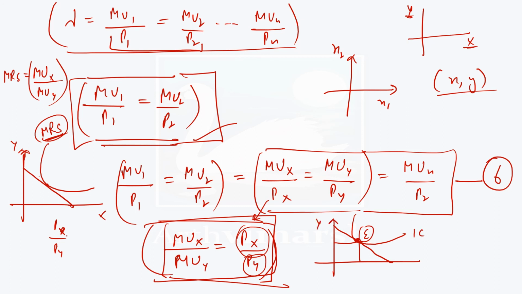So this is what I wanted to summarize here, that this expression is equal to the marginal rate of substitution of commodities x and y. Now the general expression which we have derived here is for n commodities, right? So you can write it for n number of commodities, and it's equal to the MRS for the n commodities. So this is about it.